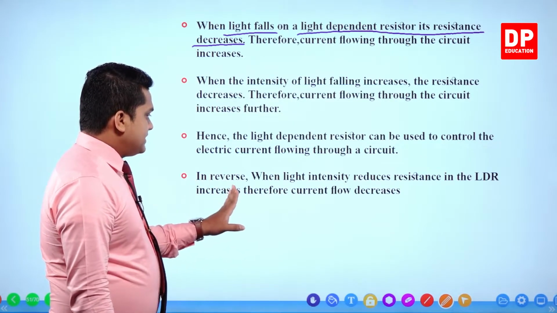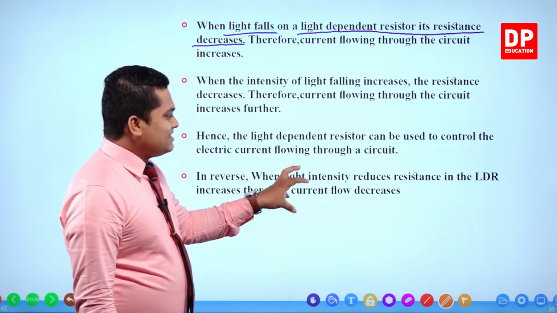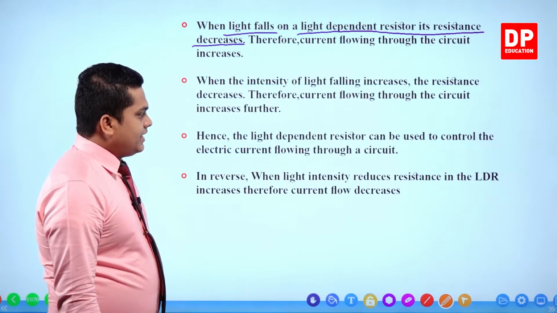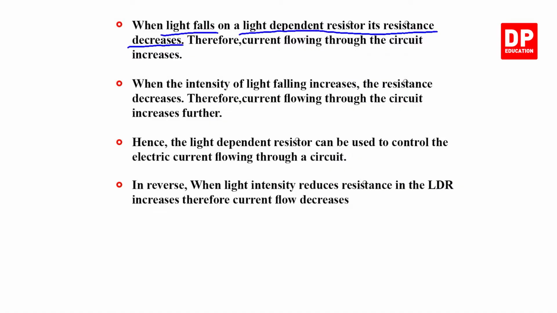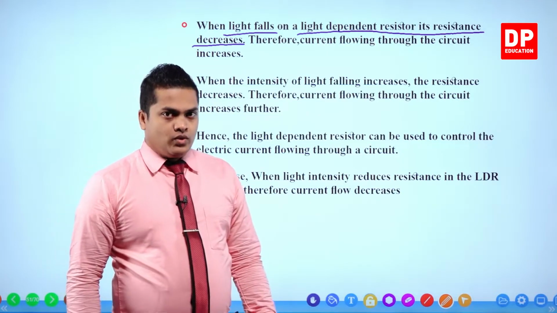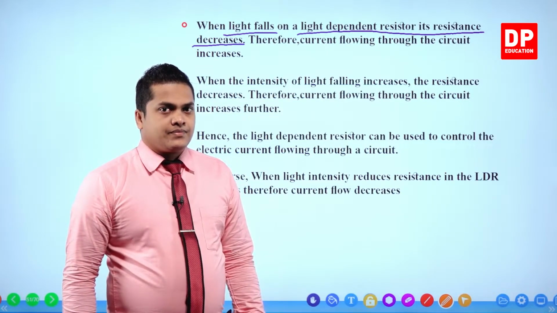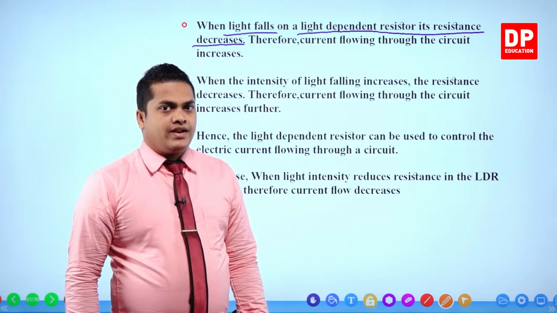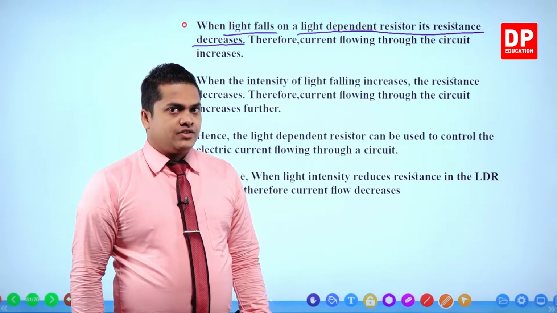In reverse, when light intensity reduces, resistance in the LDR increases. Therefore, current flow decreases. This is how an LDR works, my dear children.